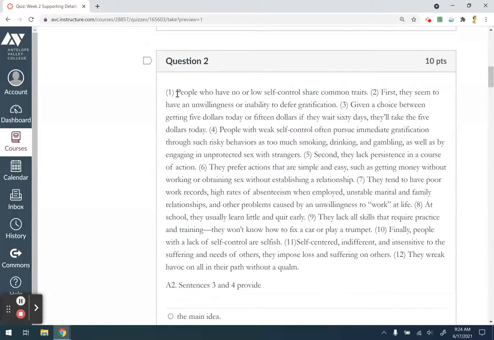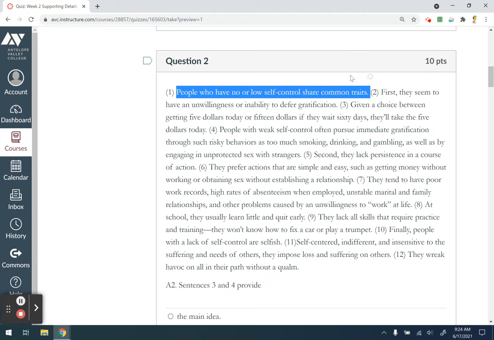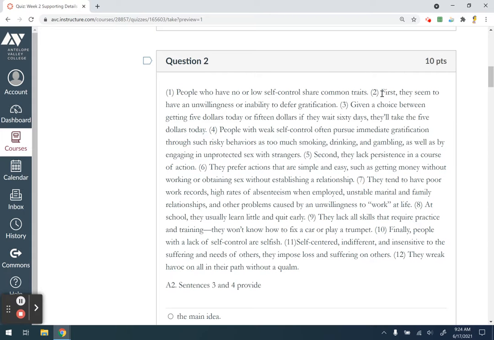Here is our main idea, sentence 1, as you recall. Look at sentence 2. First: that signal word, that transition, indicates to us that it is a major detail. And remember, minor details are statistics, facts, or more details about that major detail.